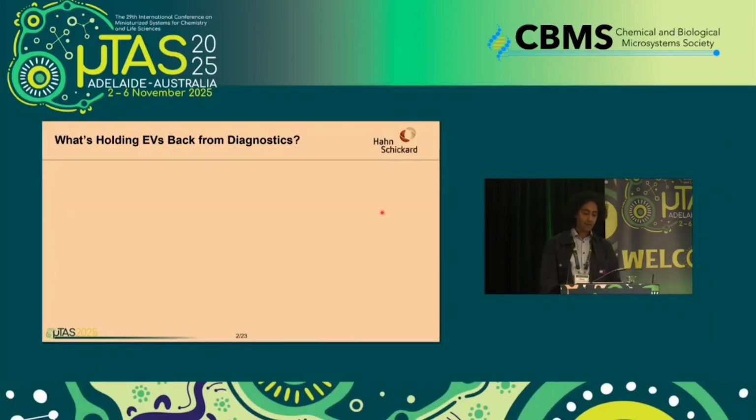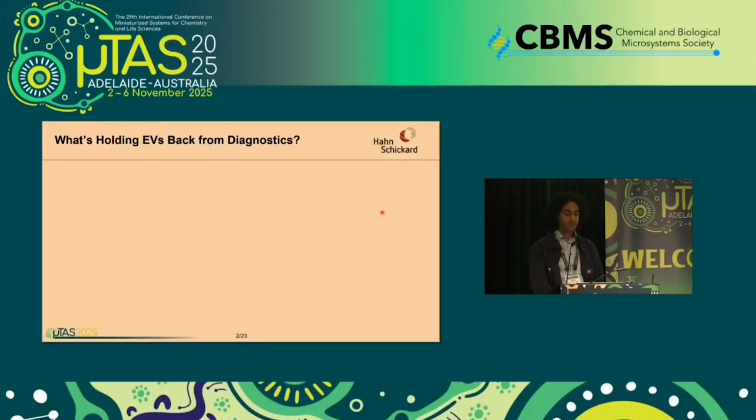However, we might ask ourselves, why after almost 20 years of research in the field, we still don't have any diagnostic tool based on blood EVs? Of course, the answer is not easy because there are so many complicated biological and technical hurdles on the way of translating EVs to diagnostics.